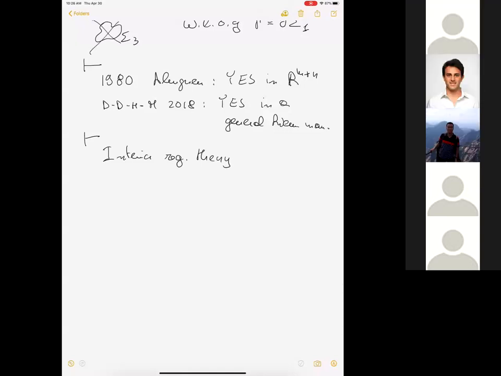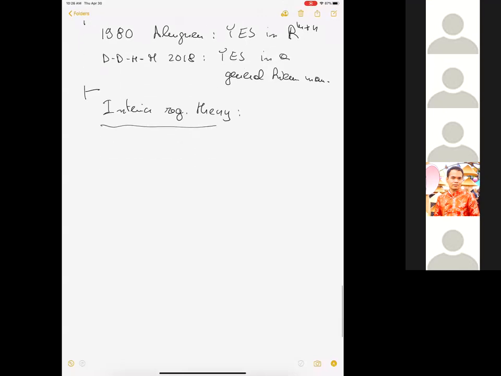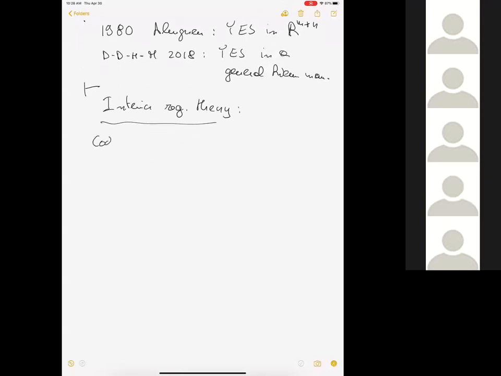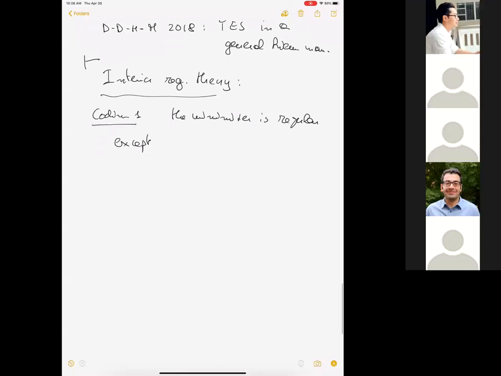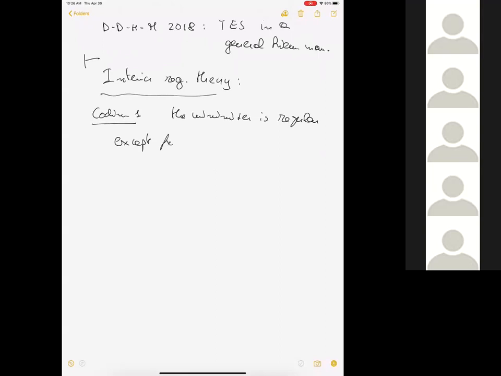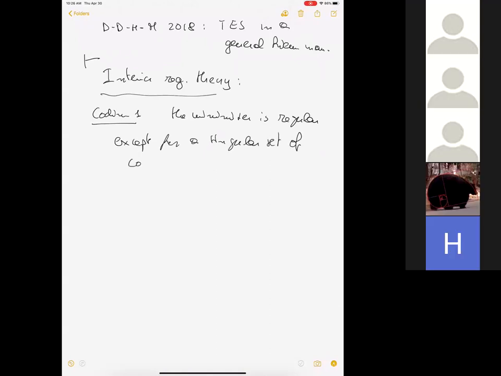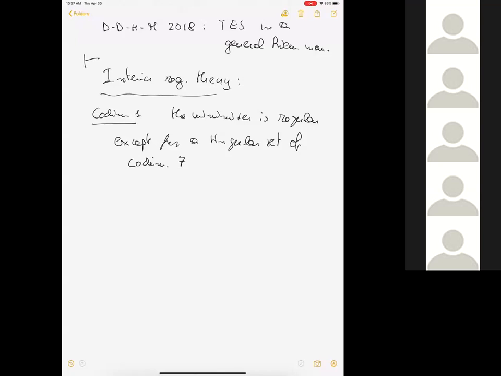In the interior regularity theory, what we know is, in codimension 1, the minimizer is regular except for a singular set of codimension 7 in the dimension of the minimizer.